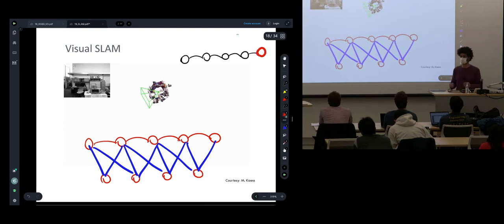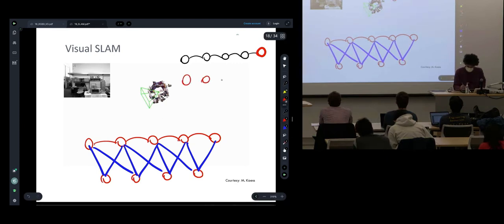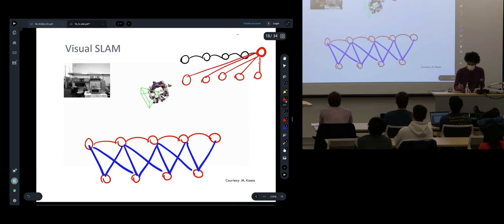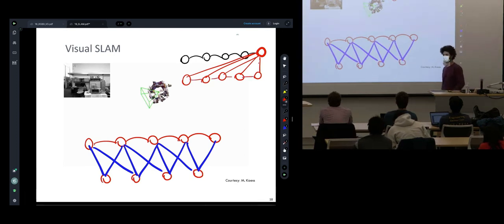So this last one is active, right? In filtering, we're marginalizing the history. Now, everything with everything gets correlated as a consequence.